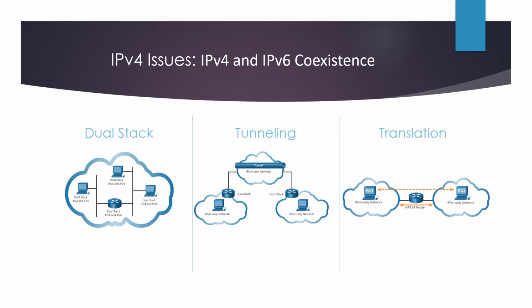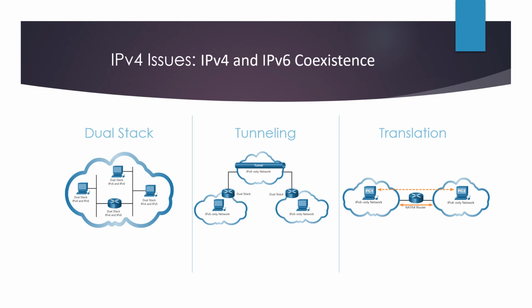And the last one is translation, which uses network address translation 64, which allows IPv6-enabled devices to communicate with IPv4-enabled devices using a translation technique similar to network address translation for IPv4 networks. An IPv6 packet is translated to an IPv4 packet, and an IPv4 packet is translated to an IPv6 packet.